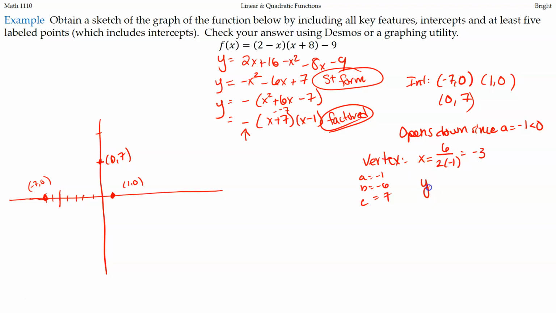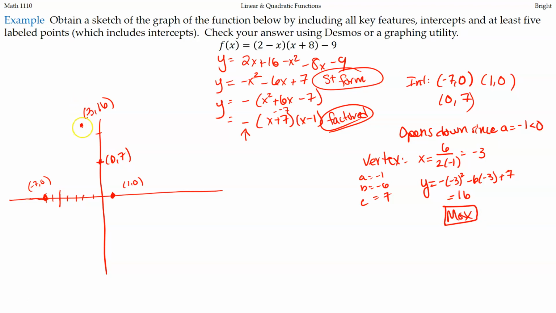And then to find y, I would take -3 and substitute it in. So -3 squared, careful of your parentheses, -3 plus... Yep, plus 7, and what I end up getting is 16. Okay, so that's going to be at -3, and I'm going to plot that point up at 16, so something like right there, -3, comma 16, and then since it's opening down, this is going to be my max.